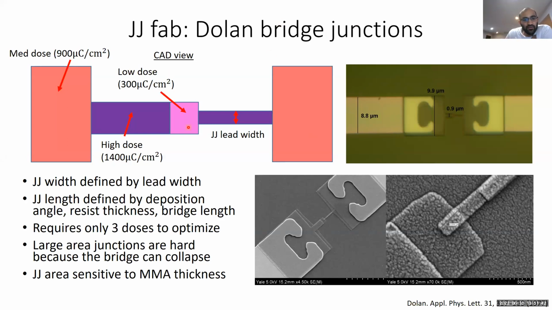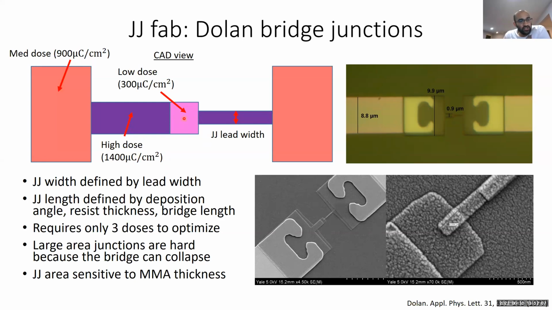Right. So this is a diagram of what this pattern will look like. You have your contact pads here that will short your capacitor to your junction, that you'll dose with a medium dose, around 600 to 900 microcoulombs per centimeter squared. You have your junction leads here that you'll dose with a very high dose, around 1400.